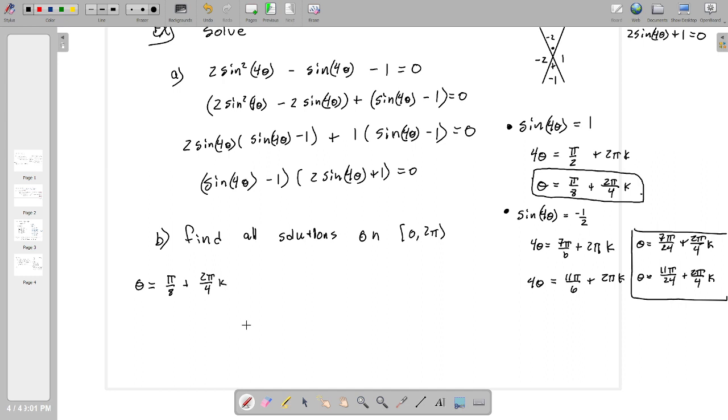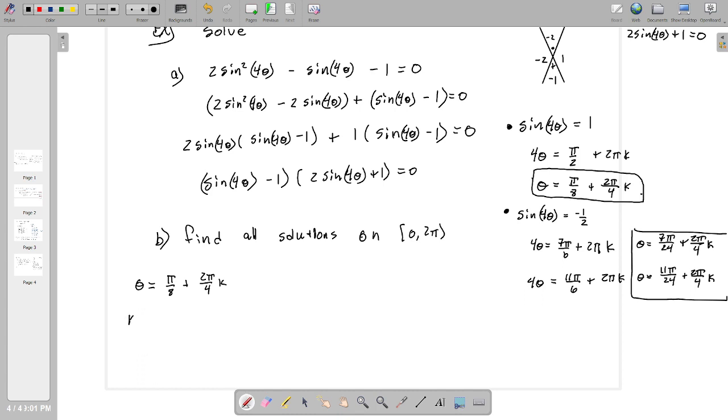It can only be whole numbers, positive and negative. Now, if we let k be a negative number, say negative 1, because 2 pi over 4 is bigger than pi over 8, if we multiply this by a negative 1 even, then we would get a negative number, which is outside of this interval. So we're going to ignore any negative k value.